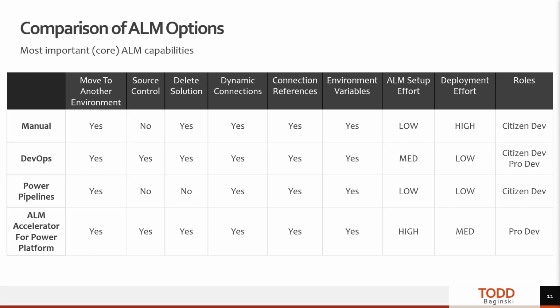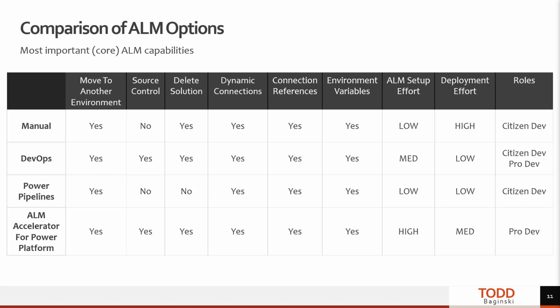You can also see the roles that I feel personally that it's best suited for. Manual and DevOps and Power Pipelines all can be accomplished by a citizen dev to a degree. With DevOps, I have crossover with Pro Dev there because I think it's helpful to have someone who's familiar with Visual Studio set it up.